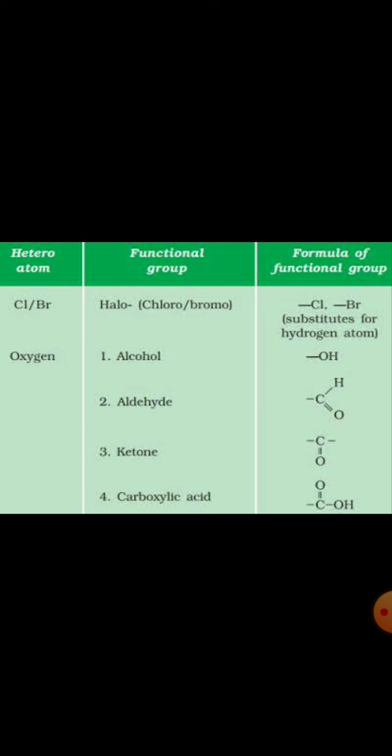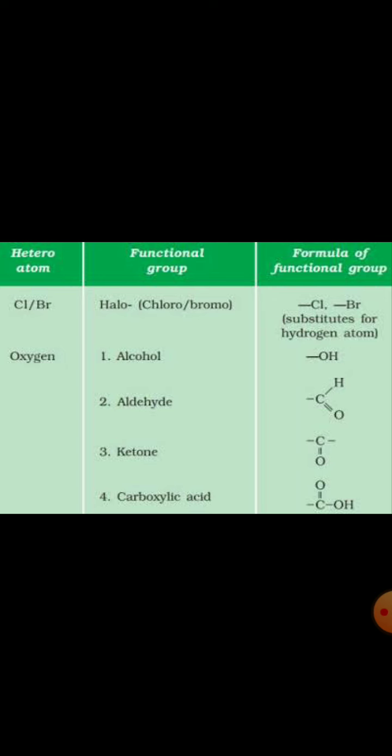In general it is called the halo group. Formula, that is Cl, Br. In front of Cl and Br, we have a single bond sign, as you can see. And what are these? Substitutes for hydrogen atom.